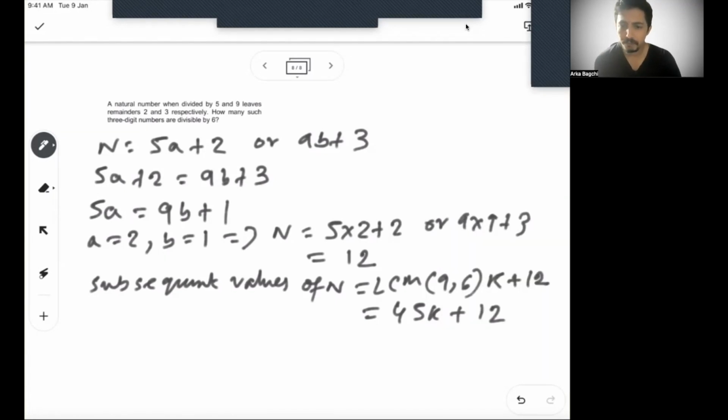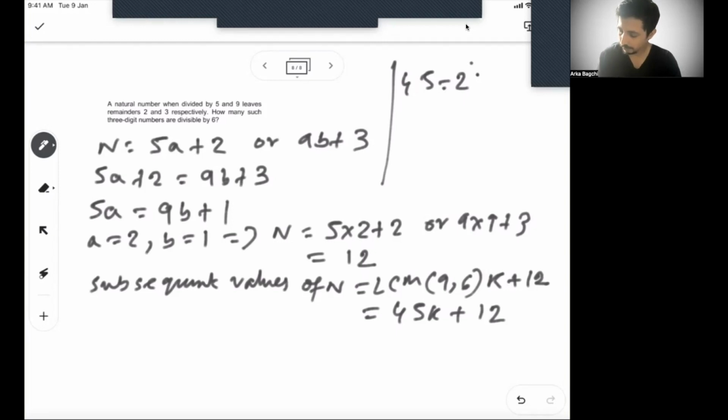If I do k is 2, then 45 into 2, 90, which is divisible by 6. So see, if I break 45, what is there? 45 is nothing but 3 square into 5.